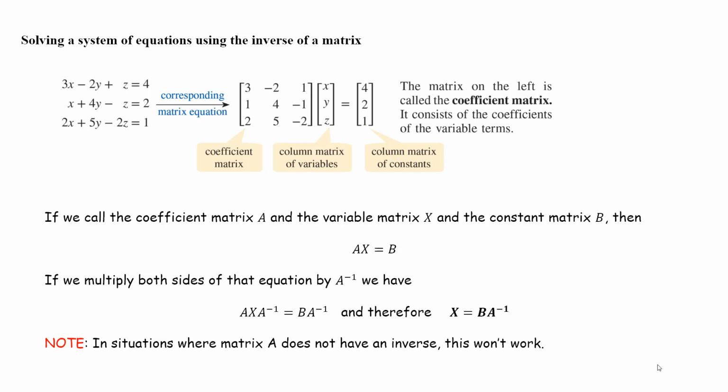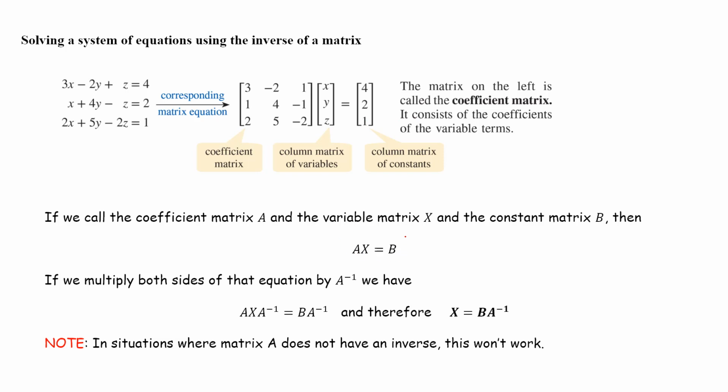You can write the coefficient matrix, which is just the coefficients of x, y, and z, and multiplying the coefficient matrix by the matrix x, y, z gives you the left side of the equal signs, and then on the right side of the equals, you've got the constant matrix.